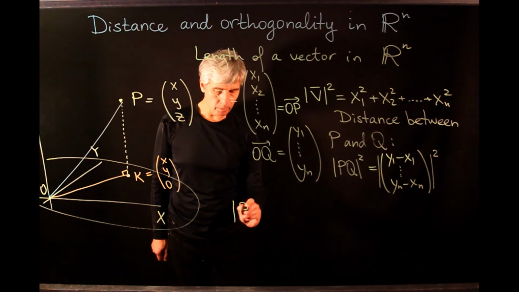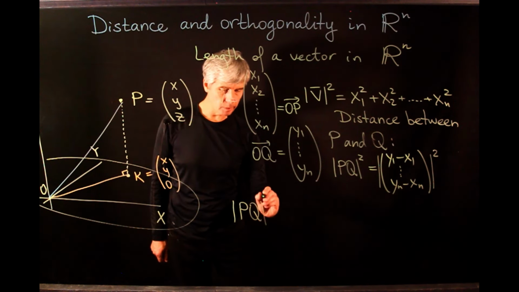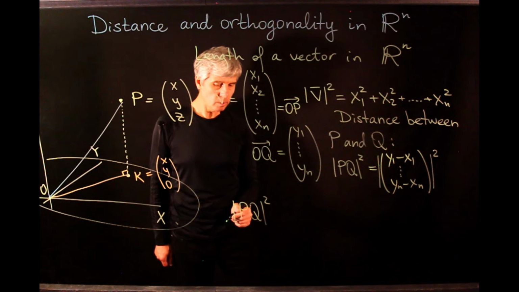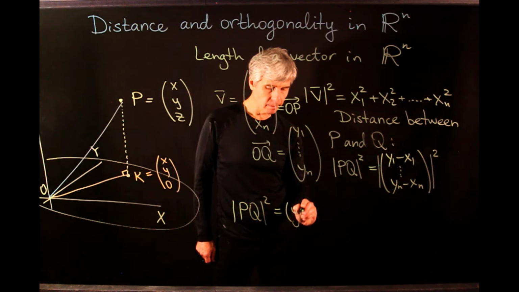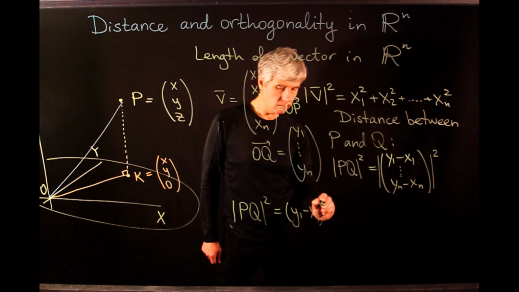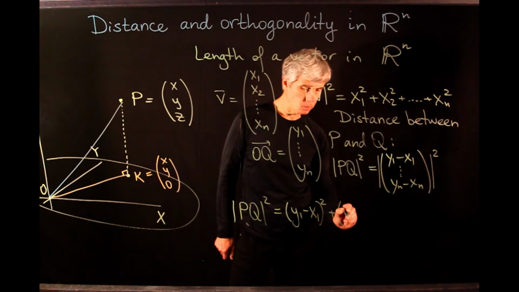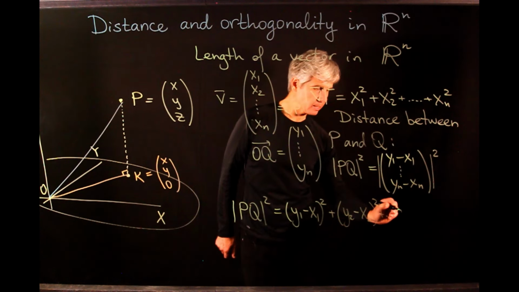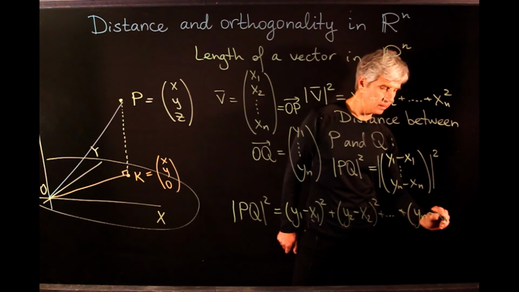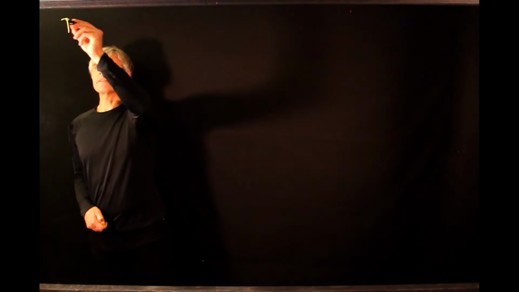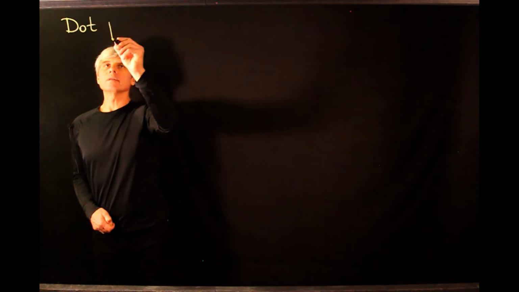And we get the following formula: the distance between points P and Q squared is equal to y1 minus x1 squared plus y2 minus x2 squared plus up to yn minus xn squared.